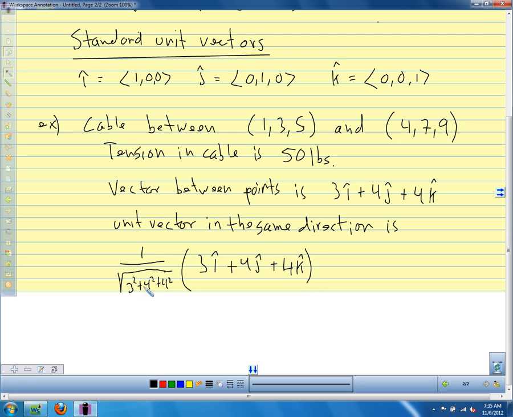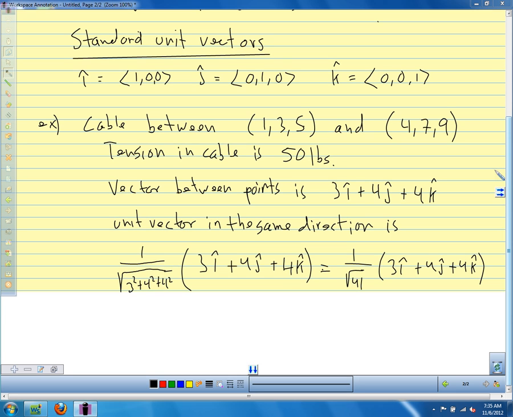Does this come out to square root of 41? Yeah. Okay. So that's 1 over square root of 41 times 3i plus 4j plus 4k. So that's a unit vector in the direction of this vector that's between the points. And if I multiply that unit vector, which has length 1 now, by the tension in the cable, that will give me a representation of the force in the cable as a vector.